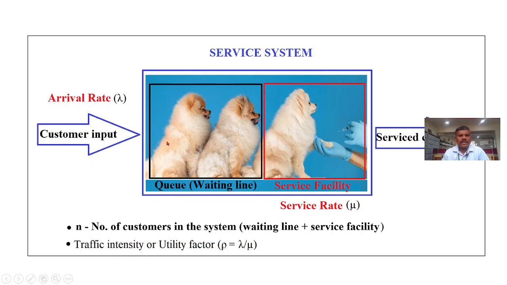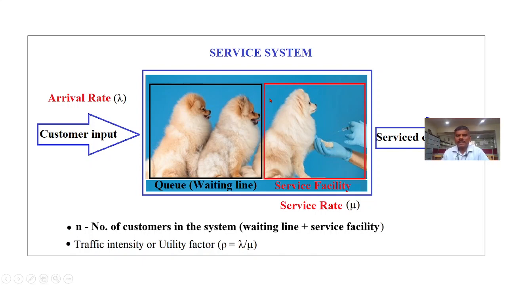The customer input is the arrival rate denoted by lambda. Once the service gets over, the customers leave the system, and it is denoted by mu, that is the service rate, the rate at which the customers are being serviced.